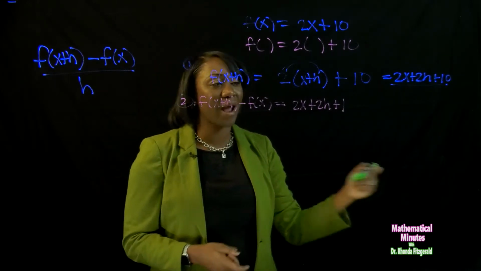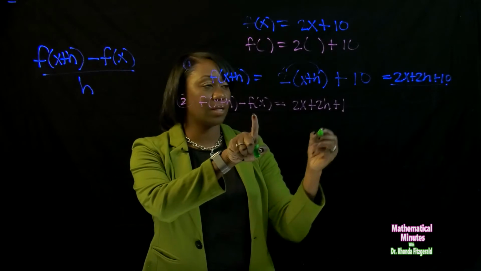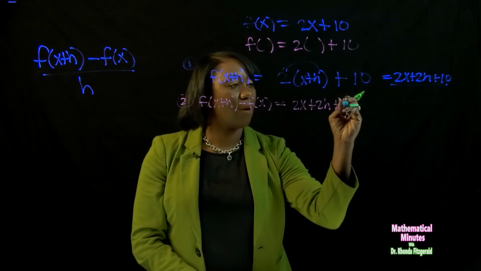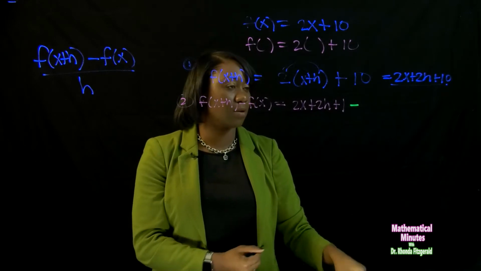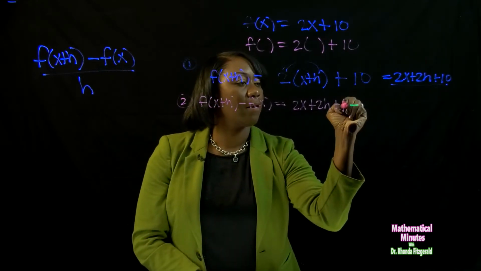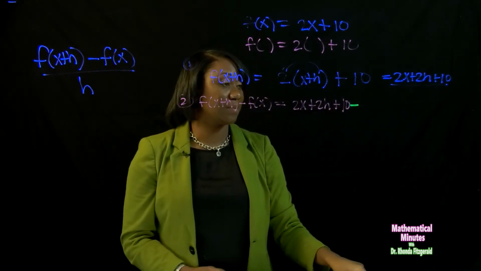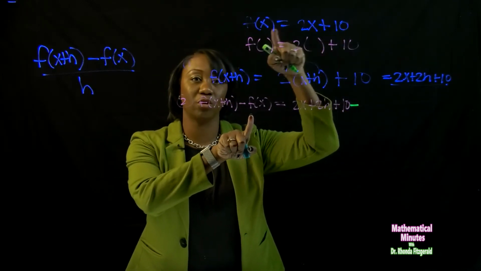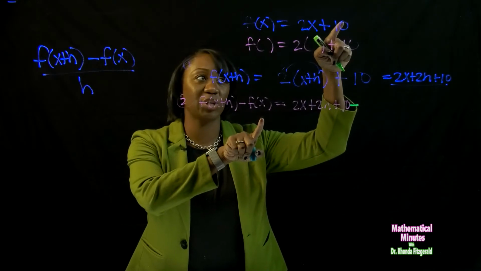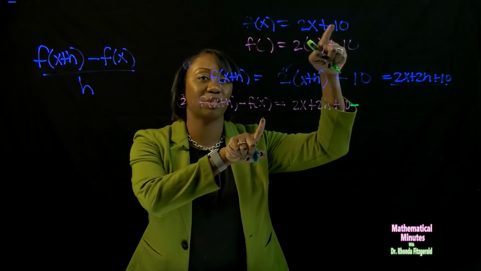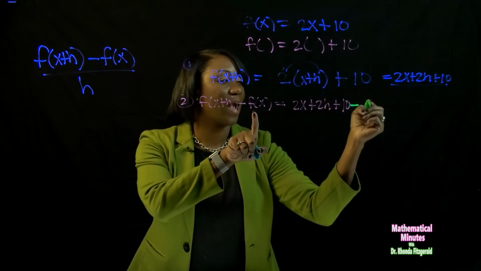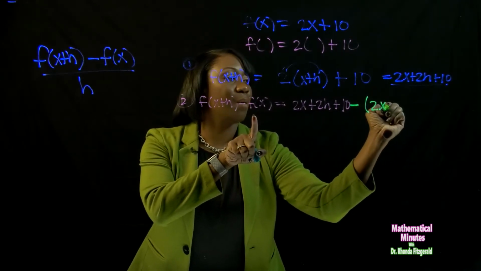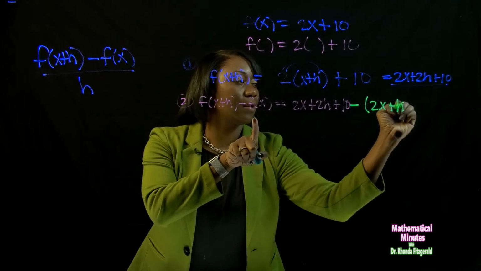So let's subtract off the original function. So minus, and our f of x is just our original function. So f of x looks like 2x plus 10. So we want to subtract that. So minus, parentheses, 2x plus 10.